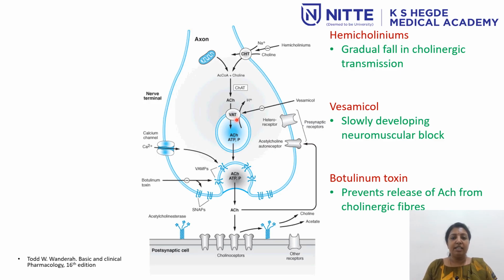This vesicle associated transporter is inhibited by the drug vesamicol, and with vesamicol there will be neuromuscular block developing slowly. The third drug is botulinum toxin, which prevents the release of acetylcholine from the cholinergic fibers. So these are the three drugs which can inhibit different steps of cholinergic neurotransmission.